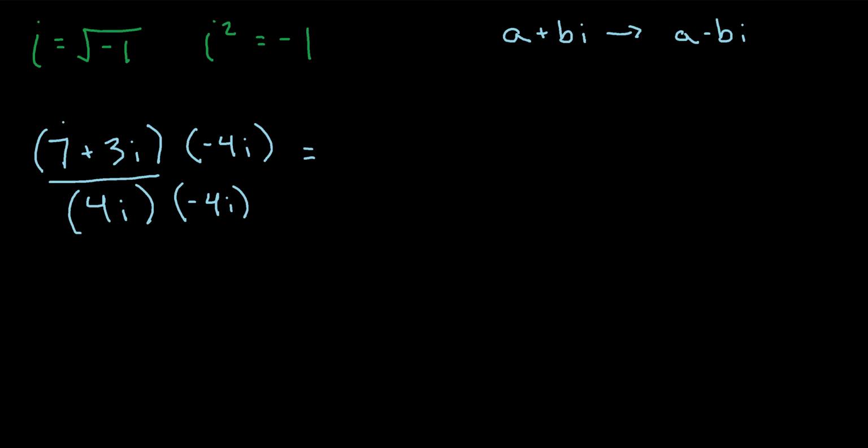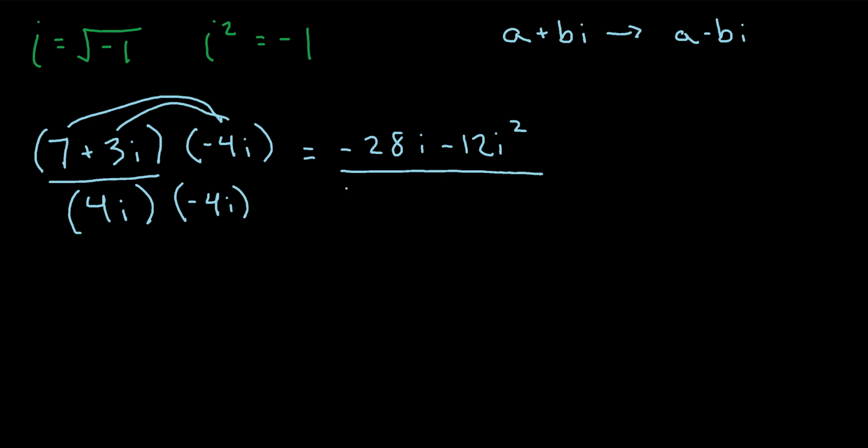So in the numerator we get 7 times negative 4i, that's negative 28i. And then we've got 3i times negative 4i, that's negative 12i squared. All over 4i times negative 4i, that's negative 16i squared.